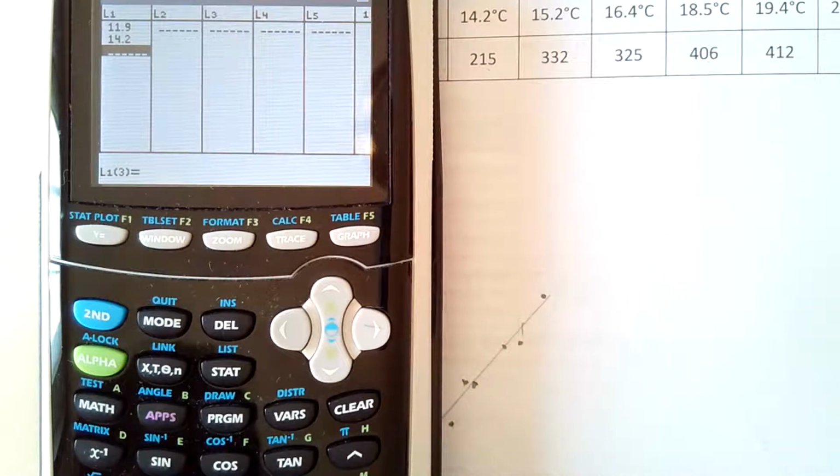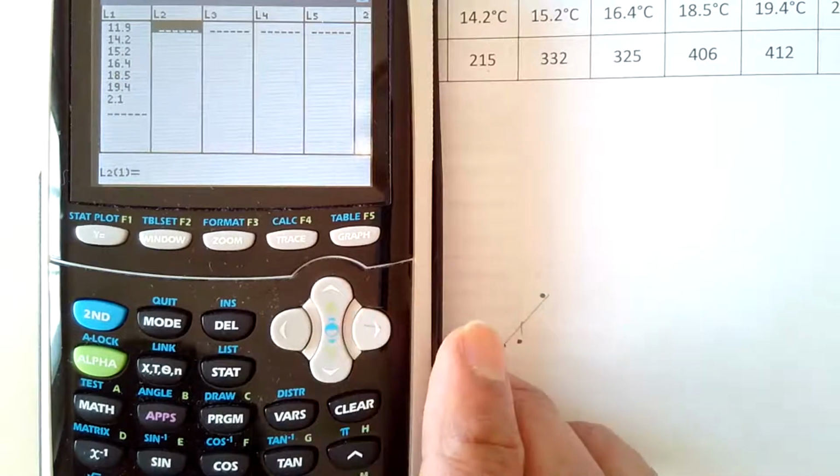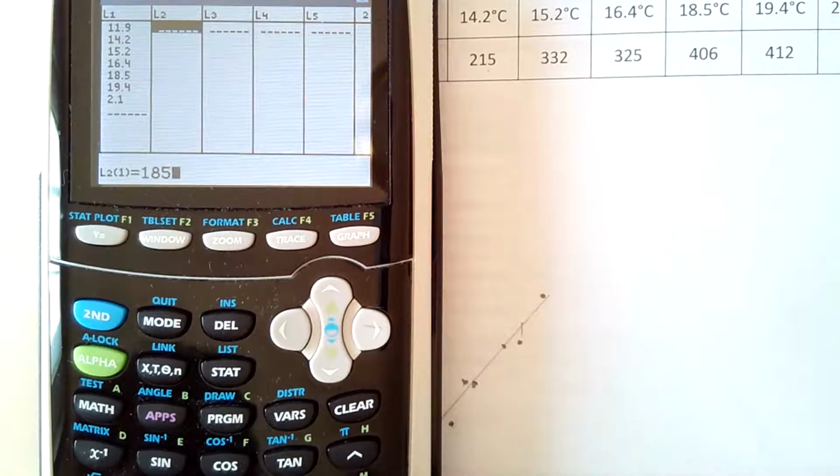Next is 15.2, 16.4, 18.5, 19.4, and 22.1. And then move over to my L2, 185. Make sure that they are in the correct order. If not, you'll have a different graph.